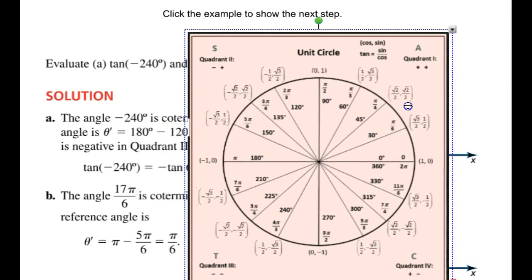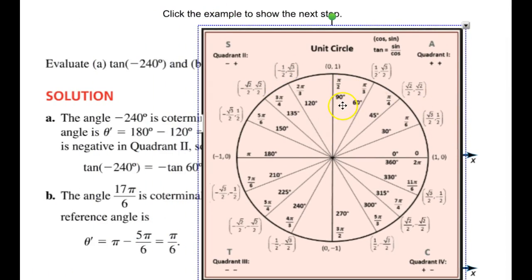Okay, so now let's actually look at the unit circle and figure this out using the unit circle. Okay, so I'm looking at a tangent of a negative 240. So here I see the tangent is sine divided by cosine. So if I go a positive 240, I end up right here. So I know if I go a negative 240, I end up right here. Okay, so now I see I have my cosine of negative 1/2 and my sine of square root of 3 over 2. And I know that tangent is sine divided by cosine.